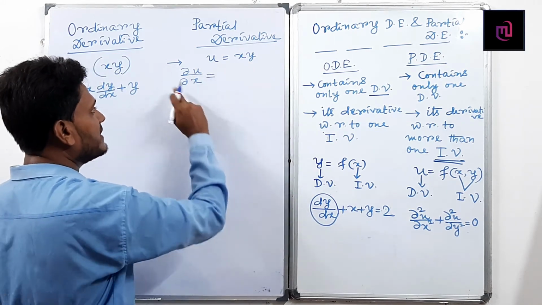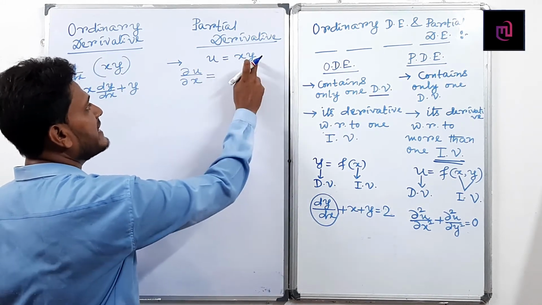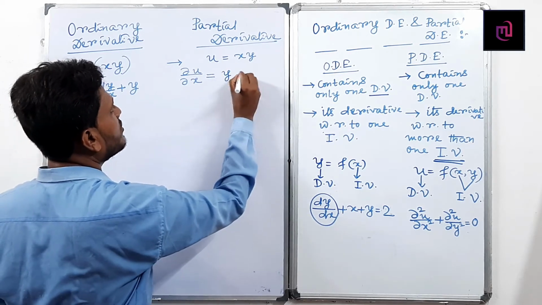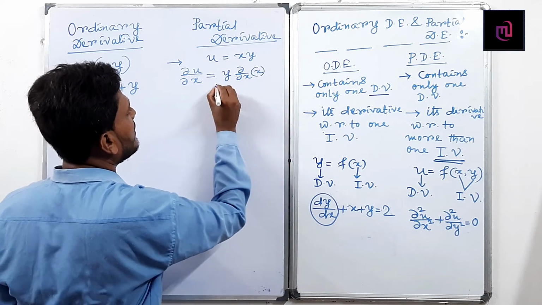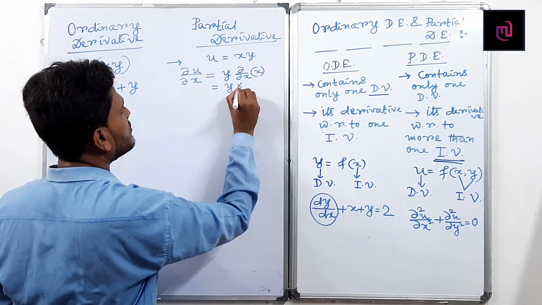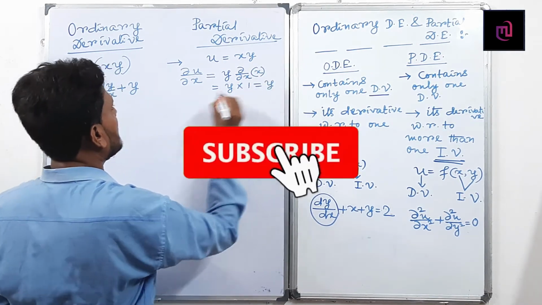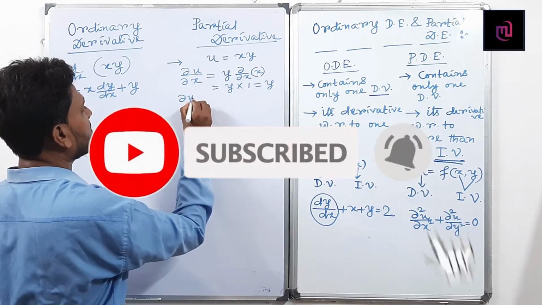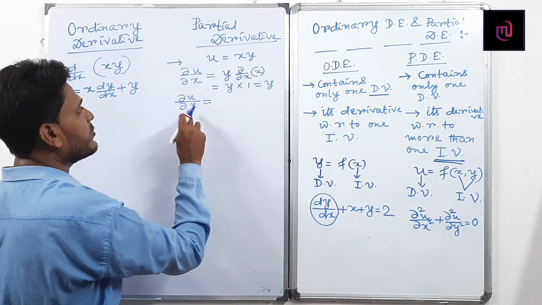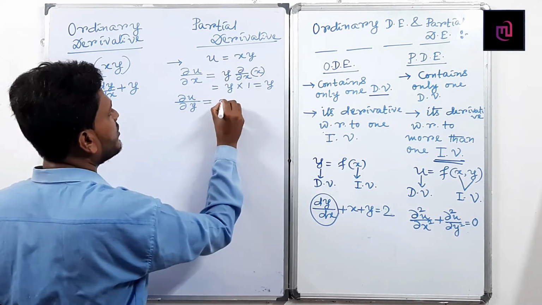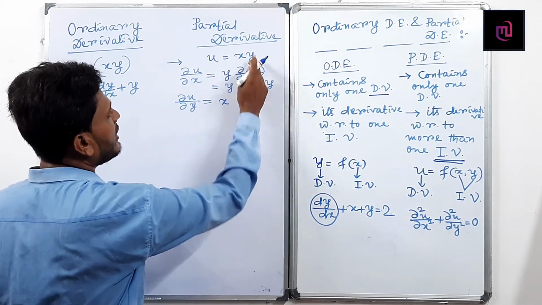Whenever you take the partial derivative with respect to x, y is treated as constant. Here x and y both are variables, but whenever you take the partial derivative with respect to x, y is constant. So y into del/del x of x, finally y into 1, so it becomes y. If I take the partial derivative with respect to y, x is constant. So x into del/del y of y, and it becomes 1.